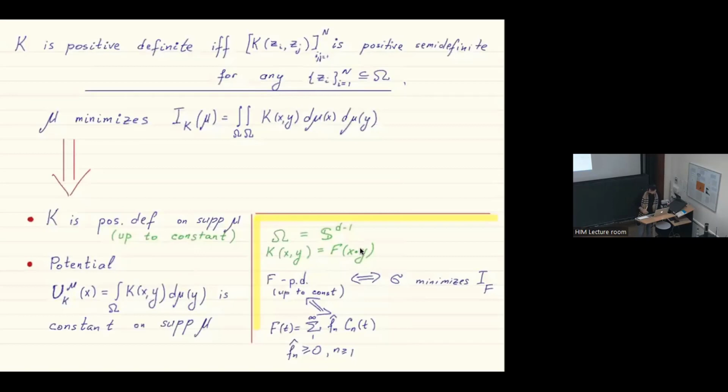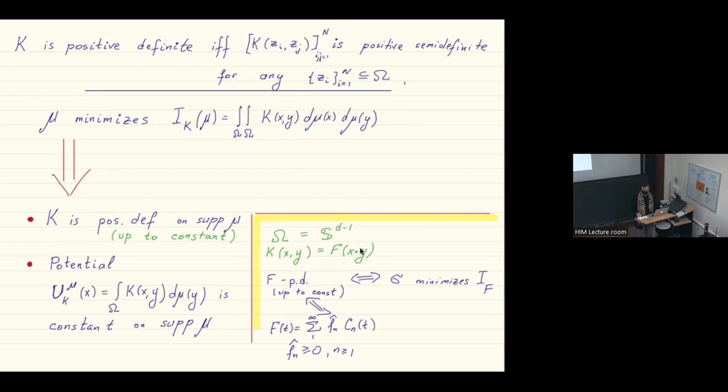So this next slide is a little crash course on some things that you need to know about energy minimization in this context. One very important notion is positive definiteness. A function of two variables, a kernel, is called positive definite if, whenever you construct the matrix for any finite set of points, essentially an analog of a Gram matrix, that matrix is positive semi-definite.